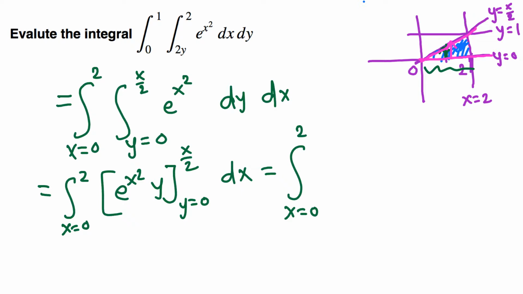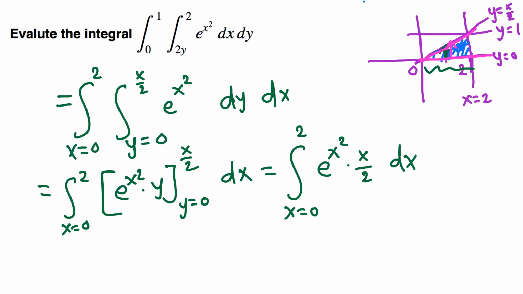Inside, replace y by the upper limit minus y by the lower limit. So the upper limit gives e^(x squared) times x over 2, minus the lower limit e^(x squared) times 0, which is just 0, so we don't have to write the lower limit. dx. Now we need to integrate.